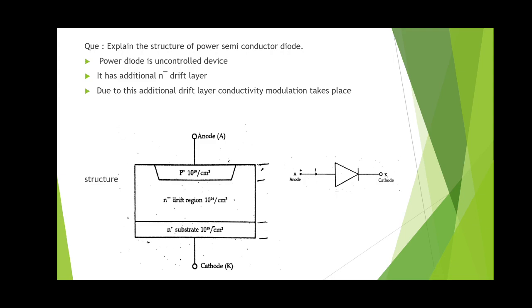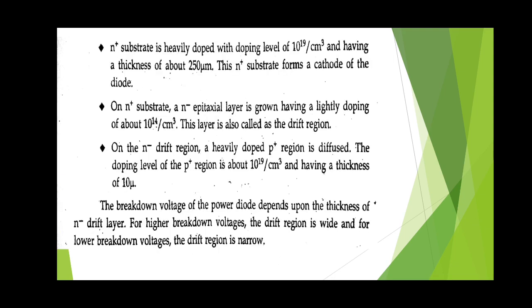The higher the breakdown voltage, the wider the drift region. If the required breakdown voltage is high, the drift region width is more, and if it is less, the width will also be less. So this is all with respect to the structure of the power diode.